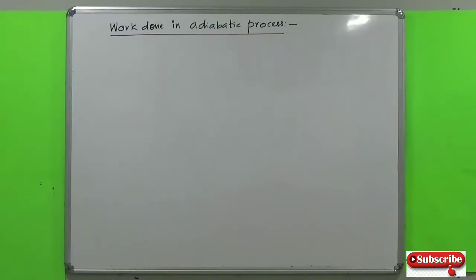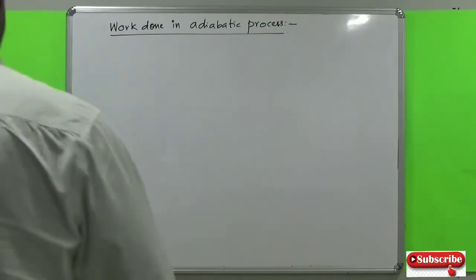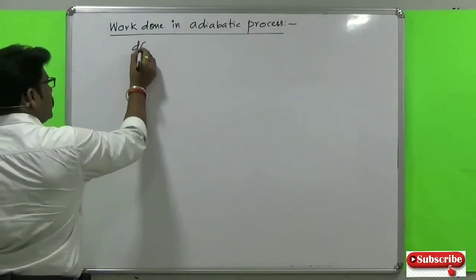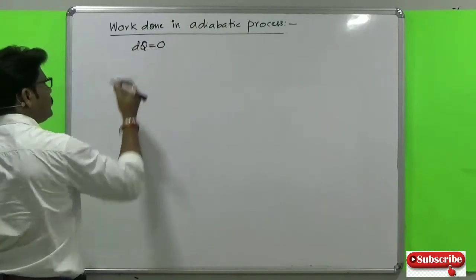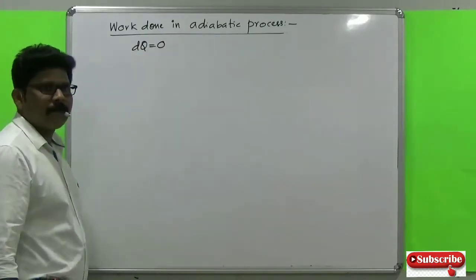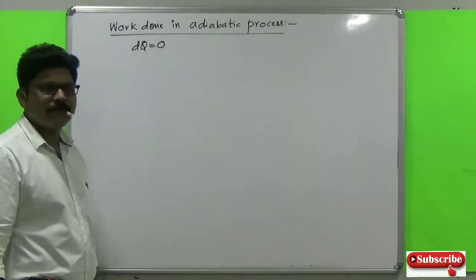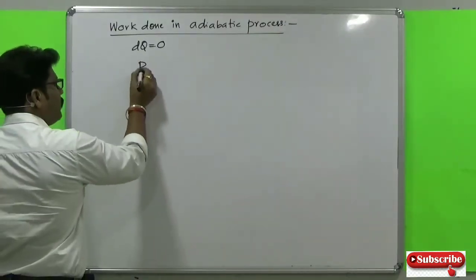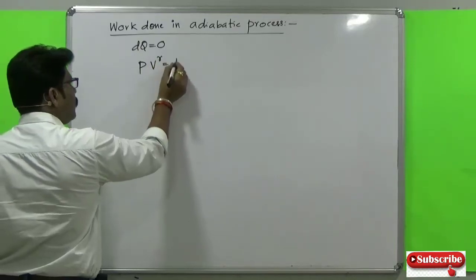Right, work done in an adiabatic process. Just now we discussed that heat remains constant, dQ equal to 0. Pressure and volume are changing, and here PV power gamma equal to constant holds.